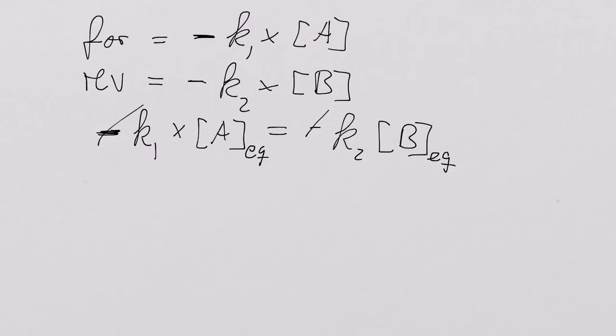We can bring all k's to one side, and we can bring all non-k's to the other side. So, for example, we bring this K2 to that side, and we bring that to that side.